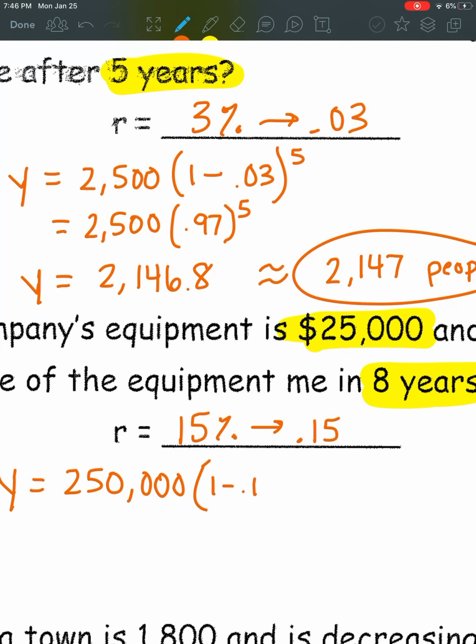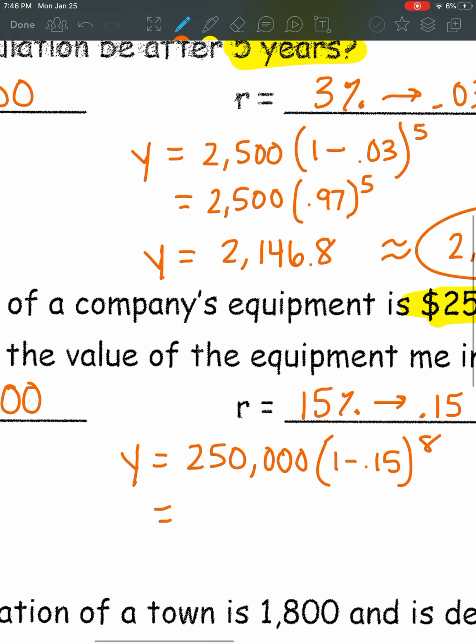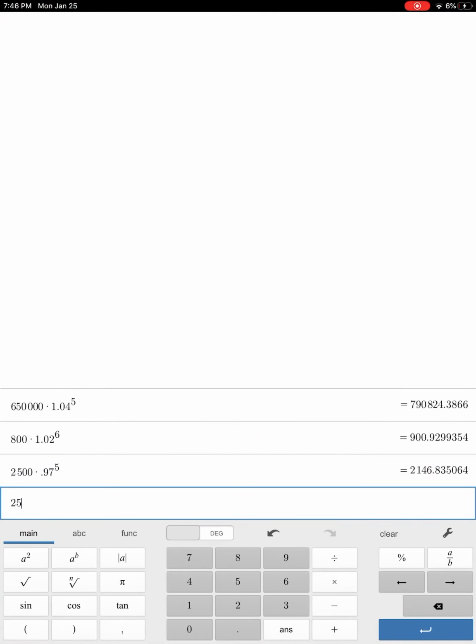In parentheses, we're going to do 1 minus 0.15, all raised to the 8th power. So 25,000 times 0.85 if we subtract those. And I'm going to go back to Desmos.